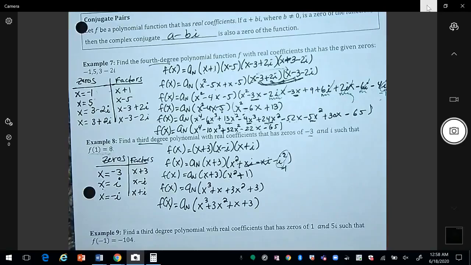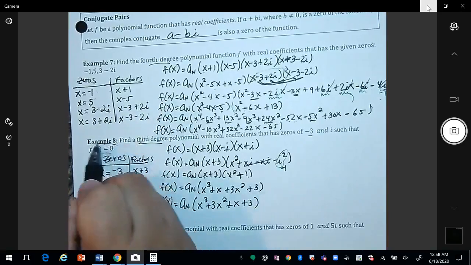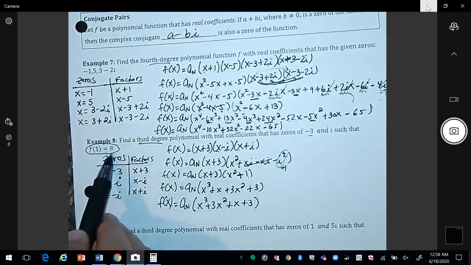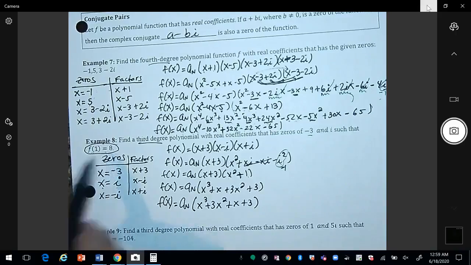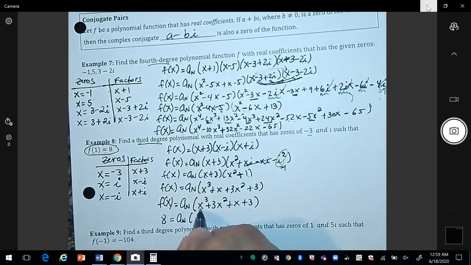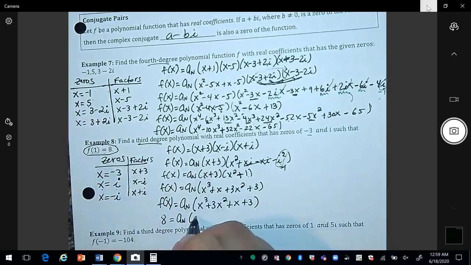Okay, and so this is where we stopped in the previous example. But now they give me this information, which means that when x is 1, our y is equal to 8. So since we have this information, then our y is 8 here. And everywhere I see an x, I'm going to substitute a 1.